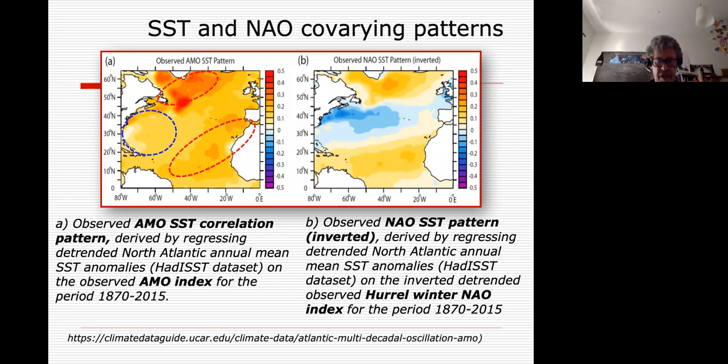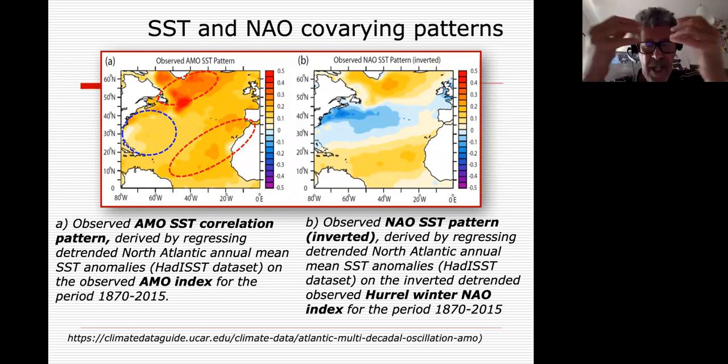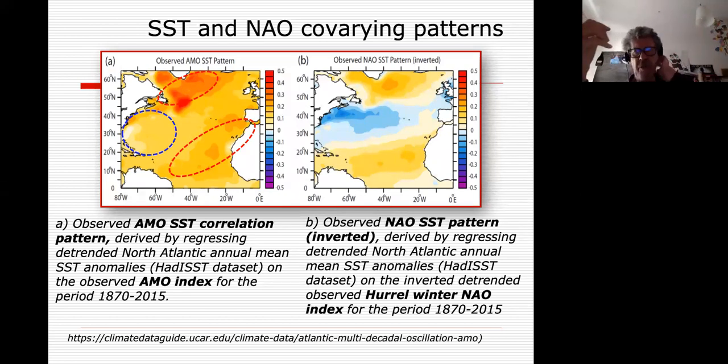In practice, the correlation was opposite, it was anti-correlated. But nevertheless, this trick makes the two images more simply comparable. And we see here, obviously, we have a different variable in place, and the pattern cannot be the same. The first one is the AMO, and this is now the NAO SST pattern.